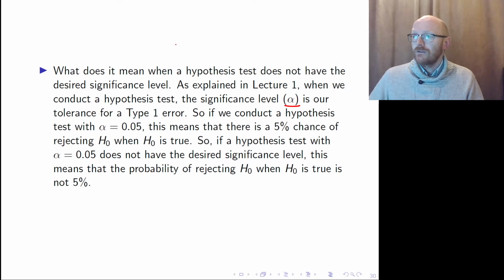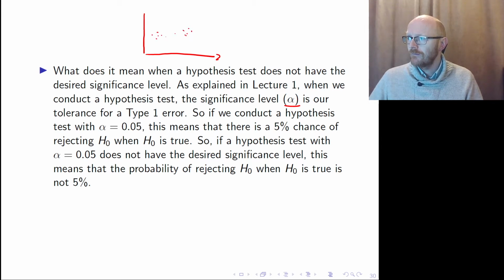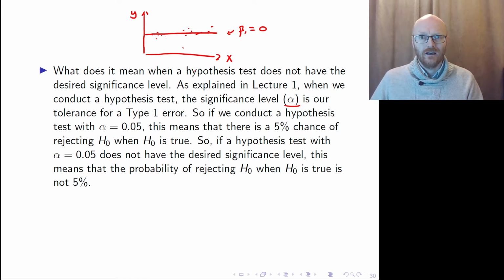Okay, so often we have a set of data, right? And our H naught is that beta 1 equals 0, right? That the slope is 0, which means that x does not have any related effect on y.